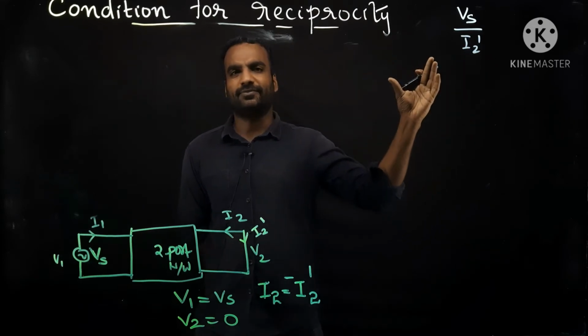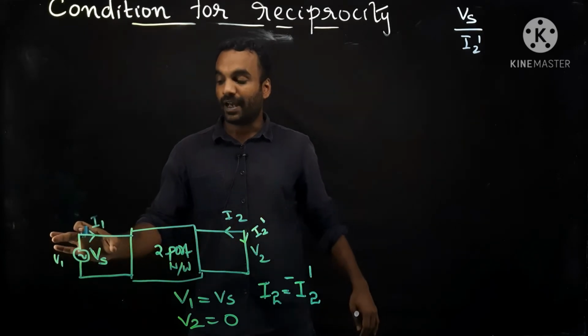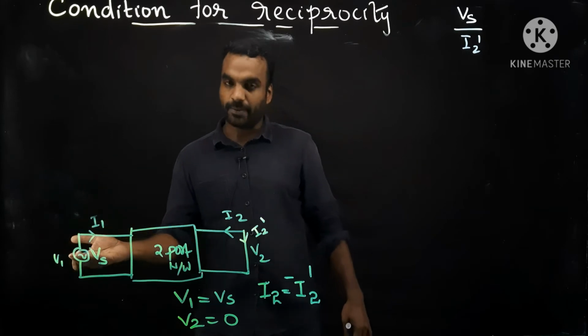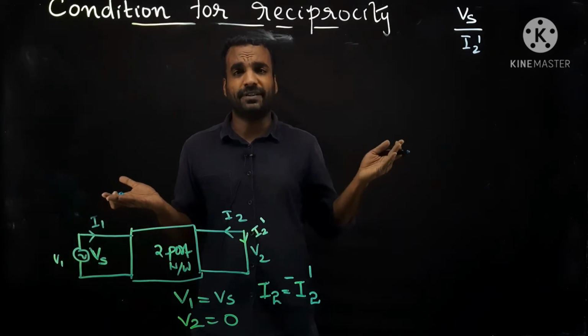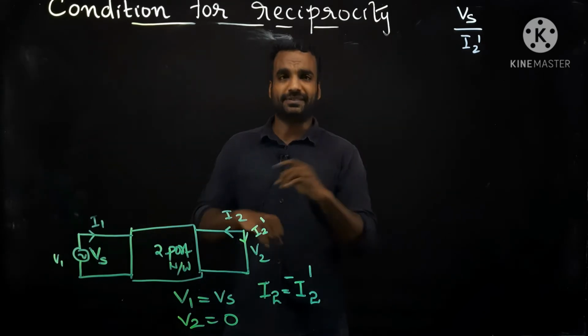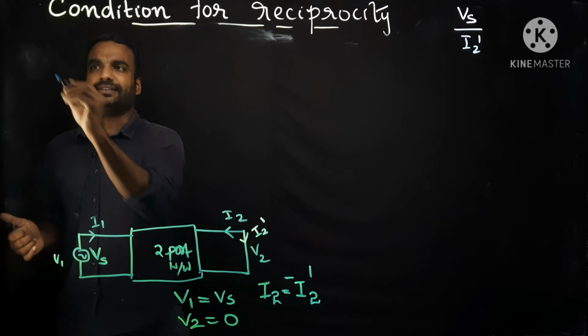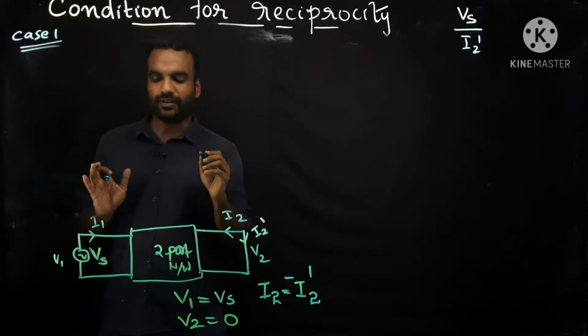Initially I will find this one. Then I will reverse the excitation and response: I will connect this excitation at this side and the response will be measured from this side. That ratio will also be checked. For reciprocity, both these ratios should be the same. So initially we will do this as case 1. Case 1, you draw this figure.